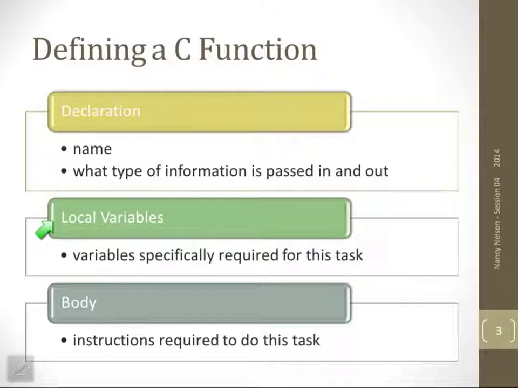The second part are the local variables. So these are any variables that we're going to need in order to do this task. And finally, we need to provide the body, which is the actual instructions that are going to do the task.